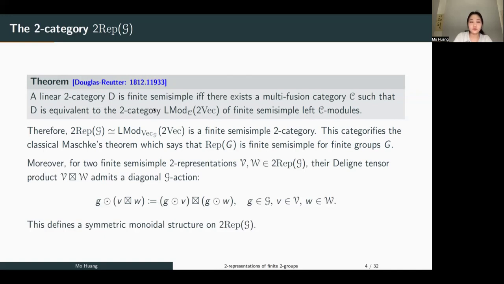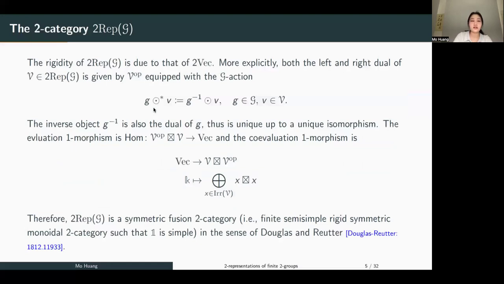Moreover, for two finite semi-simple two representations, the linear tensor products admit a diagonal G action as follows. This defines a symmetric monoidal structure on 2Rep G. The rigidity of 2Rep G is due to that of 2Vec. More explicitly, both the left and right dual of V is given by V op equipped with the G action as follows.